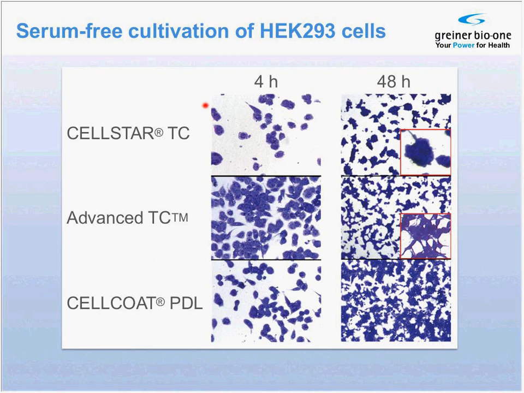As you can see here, the initial adhesion of the cells with a standard CellStar TC treatment is not very good compared to our advanced TC surface or to the PDL coating, and the long-term adhesion and proliferation of the cells shows that for a serum-free cultivation, the polymer modification Advanced TC or CELLCOAT PDL as a biological surface are better choices for the cells.